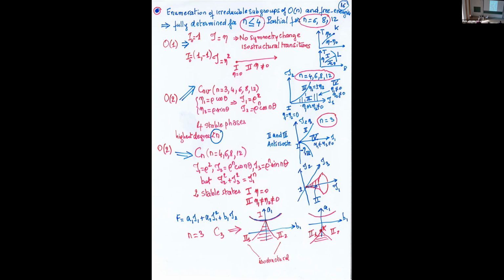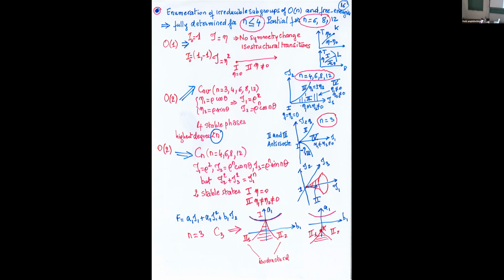For 8, I could not find a material. But we have, of course, irreducible representations inducing structural phase transitions which have 8 dimensions, 12 dimensions. You can go up to 48 dimensions, which is the maximum dimension. But of course, to find a concrete example, it's another story.